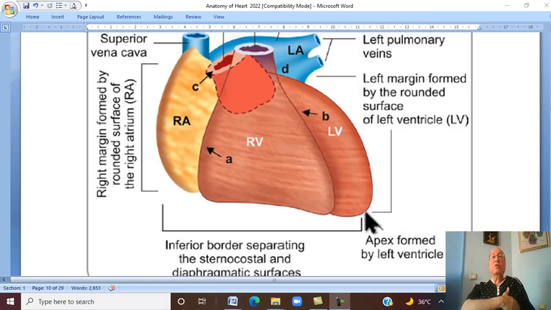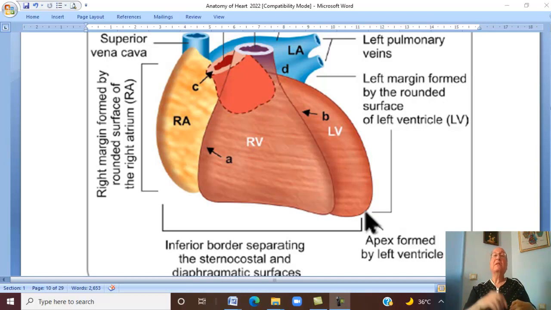Therefore, the doctor puts his or her hand to the left side, in the left fifth intercostal space, just medial to a line drawn from the middle of the clavicle, called the left mid-clavicular line.